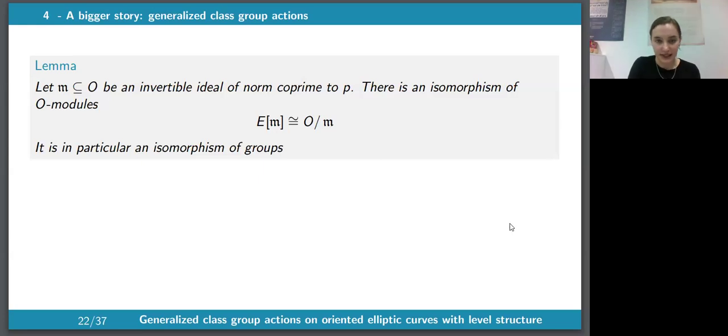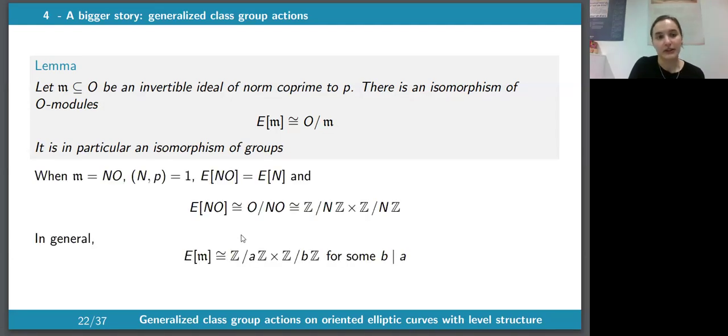Before saying what such a notion of level structure is, let me first state this lemma, which says that if M is an invertible ideal coprime to the base field characteristic, then the M-kernel subgroup E[M] is isomorphic with the quotient O over M, not only as groups, but also as O-modules.